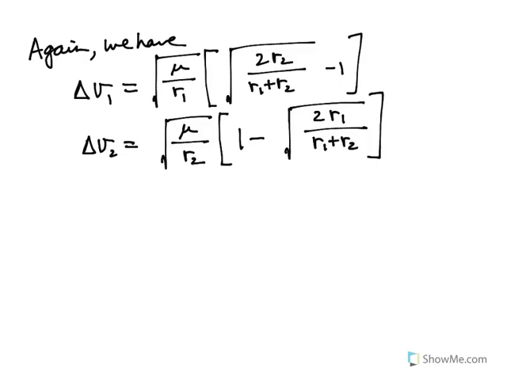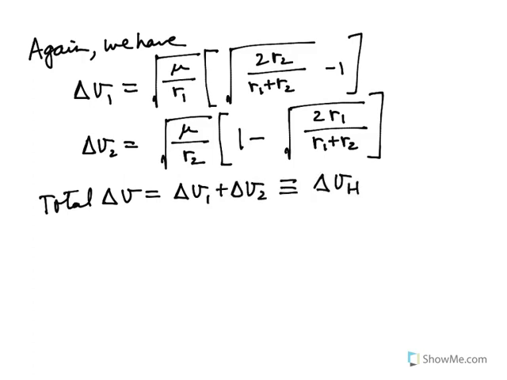Now, the total delta v is equal to delta v1 plus delta v2, and it's defined to be delta vH, which is delta v for the Hohmann transfer.